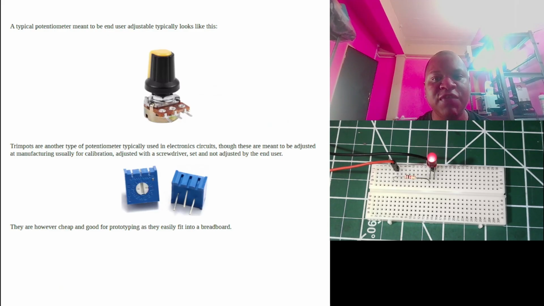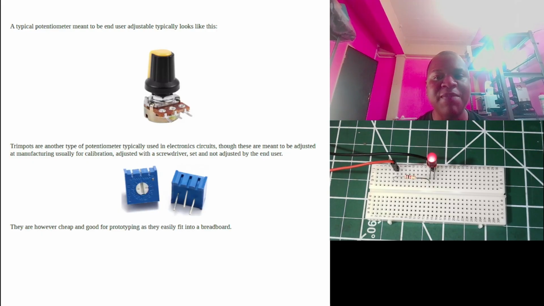If you ever used the old school volume adjustment, the nice tactile volume knobs, it's actually a potentiometer. And there are also trim pots, which are another type of potentiometer we use. These were meant to be adjusted during manufacturing for calibration, things like LCDs or different sensors, adjusted with a screwdriver.